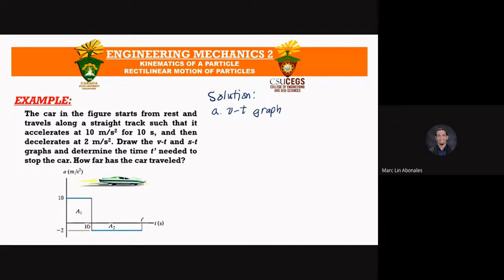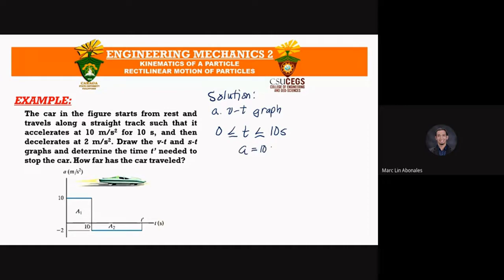So for the first interval, from 0 to 10 seconds, the graph based on the AT graph is 10, that is horizontal. So that would be a equal to 10 meters per second squared.